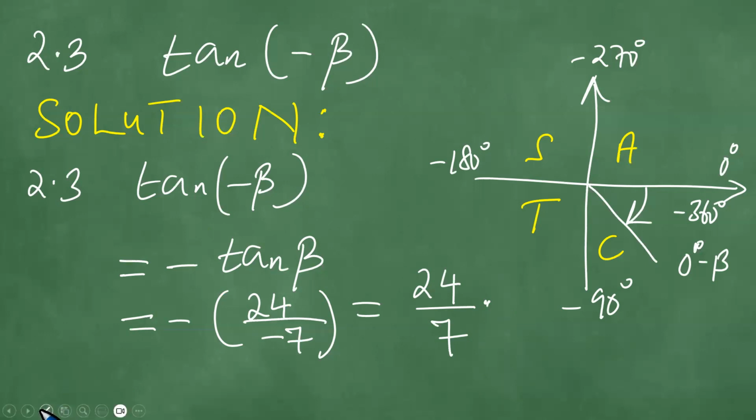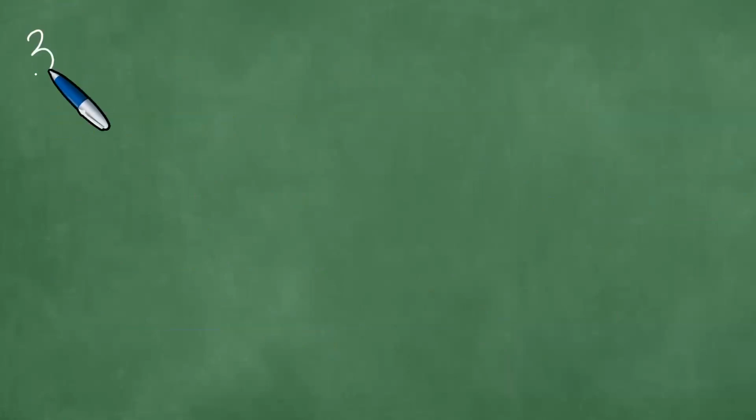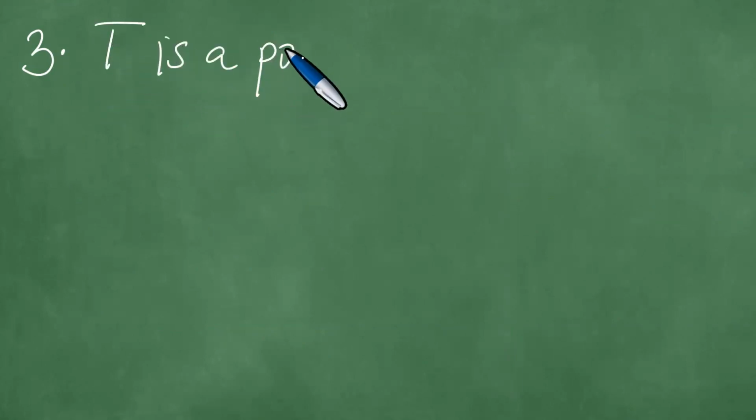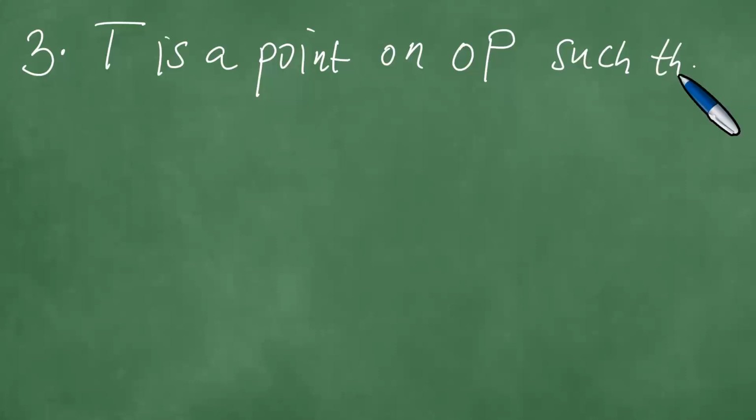Here is another question. I'm going to call it part 3. T is a point on OP such that OT is 15.